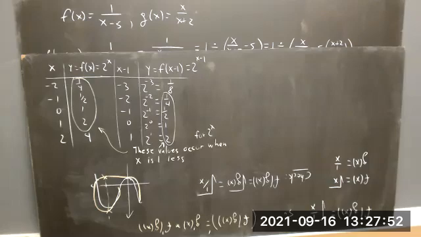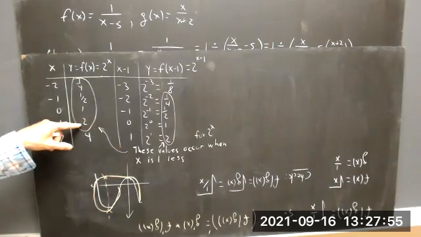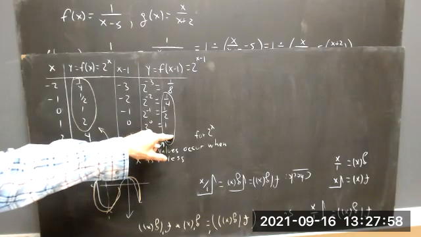Okay, which means that the graph of this function is going to be 1 unit to the left of the graph of this function.